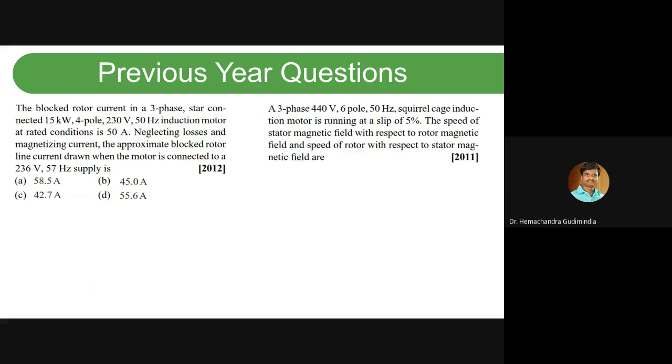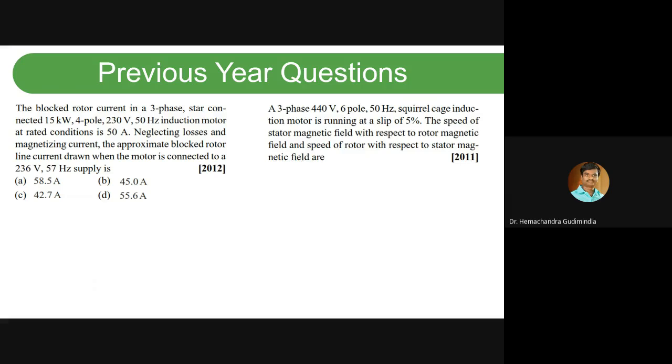The first is a little easy, because whenever we talk about the magnetic fields, they rotate at the same speed. Stator magnetic field is the same as rotor magnetic field. That means if you observe from the rotor magnetic field, the stator magnetic field looks stationary because both rotate at the same speed.